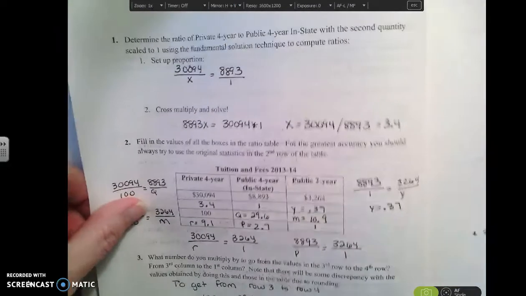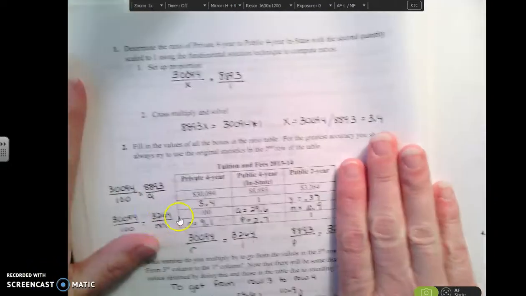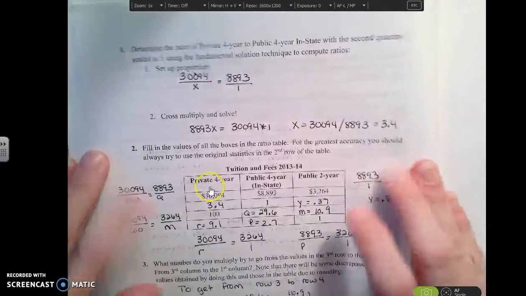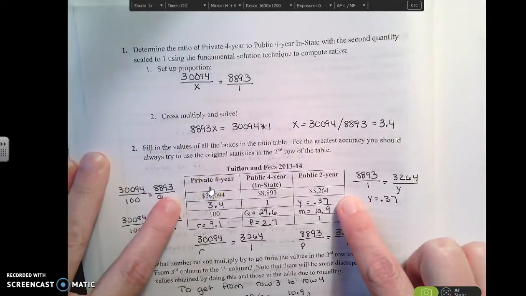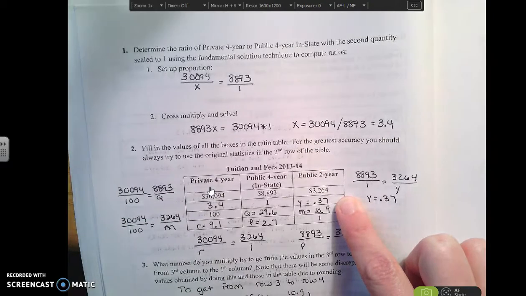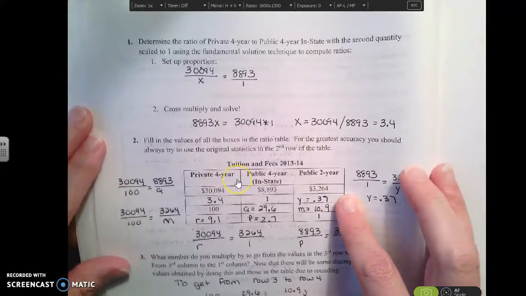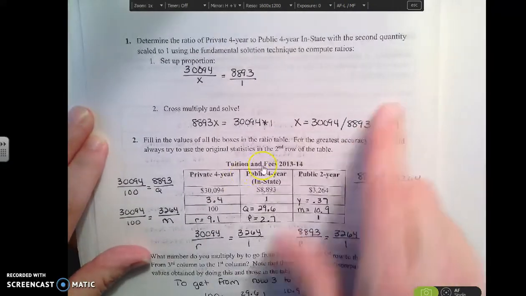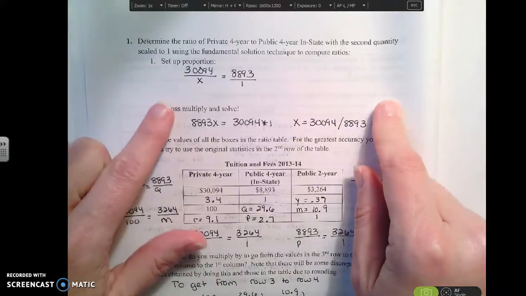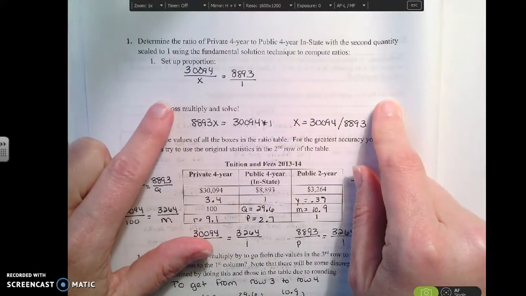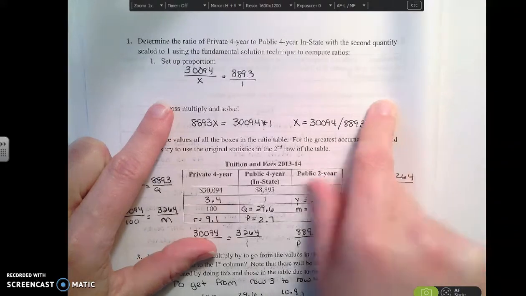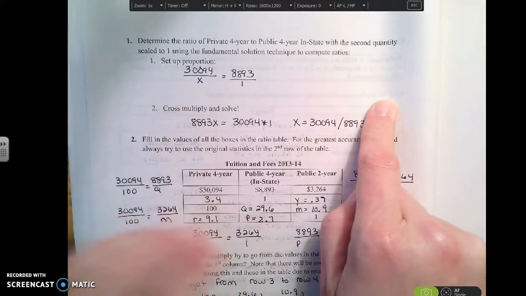So here's another example. Now this information uses the chart that you see here on question number 2, but it also uses the chart on the previous page. So the first one is determine the ratio of private 4-year colleges to public 4-year colleges in state with the second quantity scaled to 1.